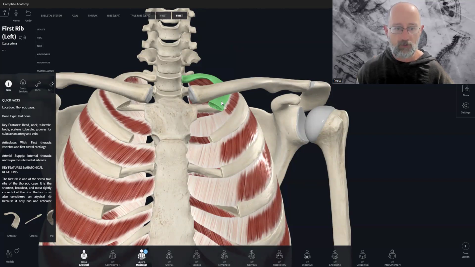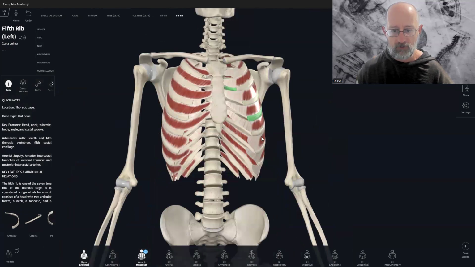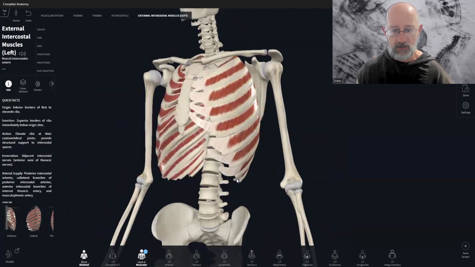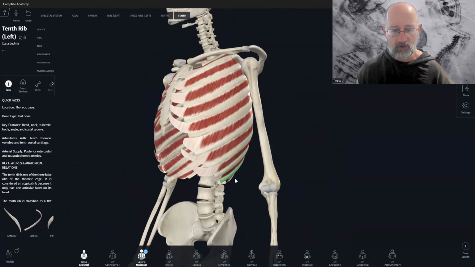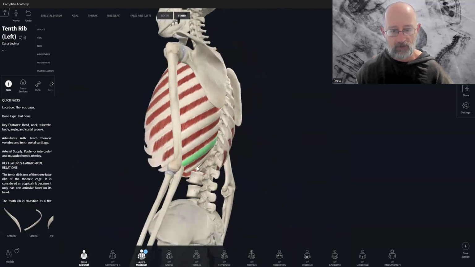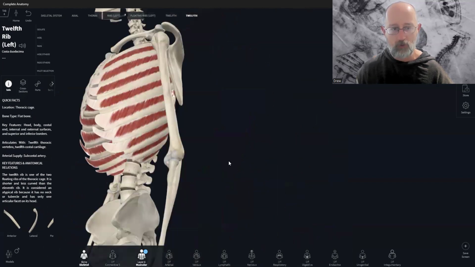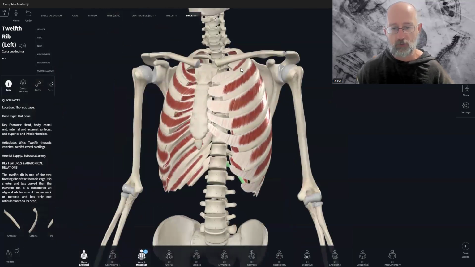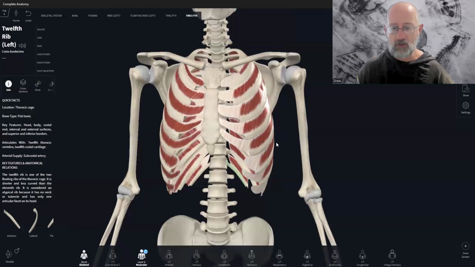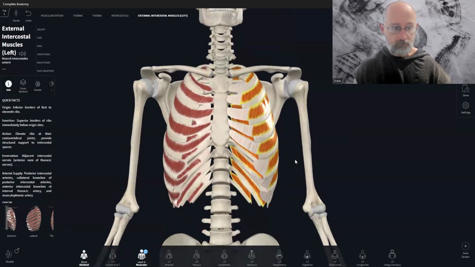Okay. So we've got rib 1, rib 2, rib 3, rib 4, 5, 6, 7, 8, 9, 10, 11, and 12. So 12 ribs, 12 thoracic vertebrae, 12 external intercostal muscles on each side of the rib cage, which means there's 24 of them.